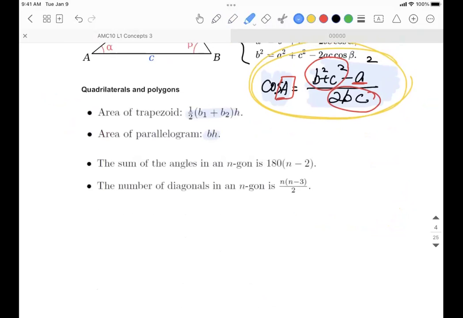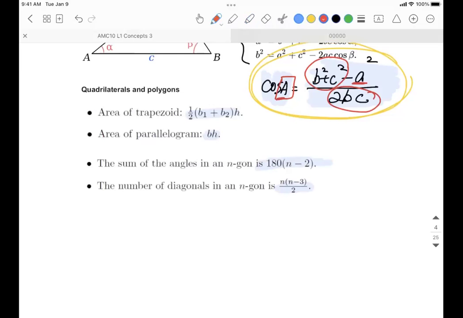And if I give you a polygon and ask you to determine the total interior angle sum, it's going to be 180 times n minus 2, where n is the number of sides of the n-gon. And the total number of diagonals in the n-gon is n times n minus 3, divided by 2, right?